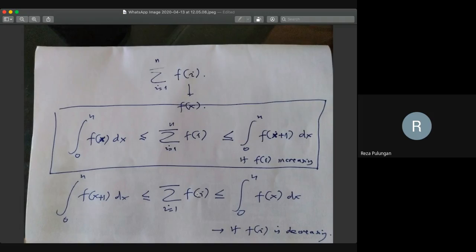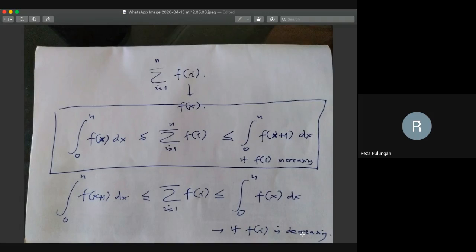It basically just switches. The summation from i equal to 1 until n of fi is less or equal to the integral from 0 until n of fx dx, and this is larger than the integral of fx plus 1 dx. This is for the case when fi is decreasing. What does it mean by fi is decreasing? Well, when i is increasing, fi decreases.